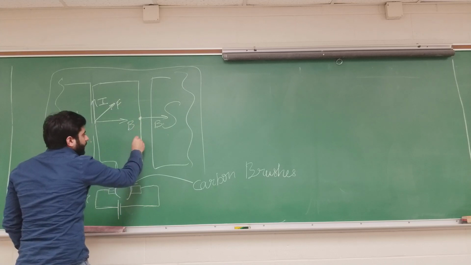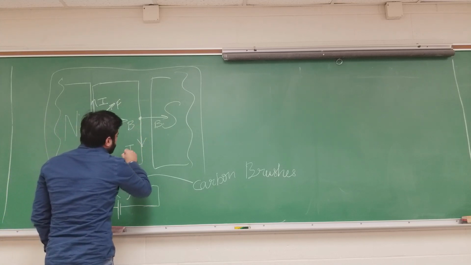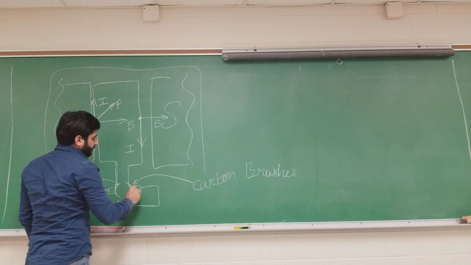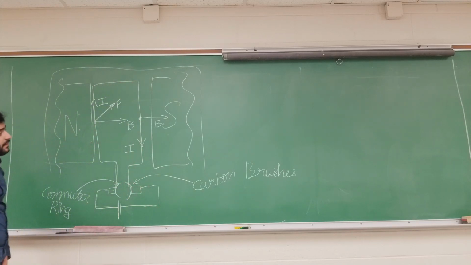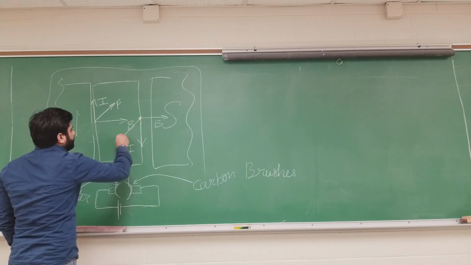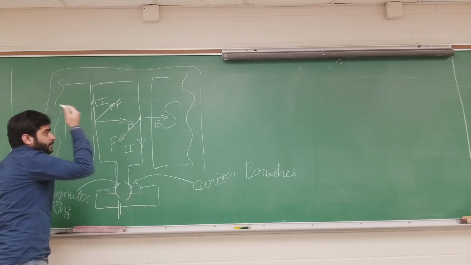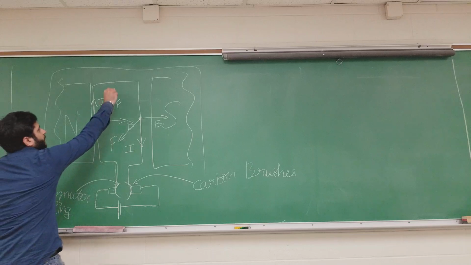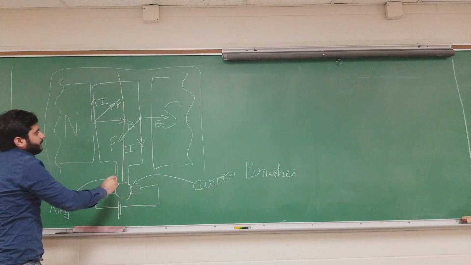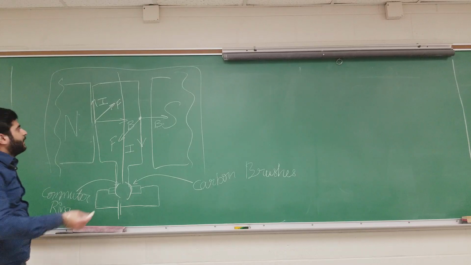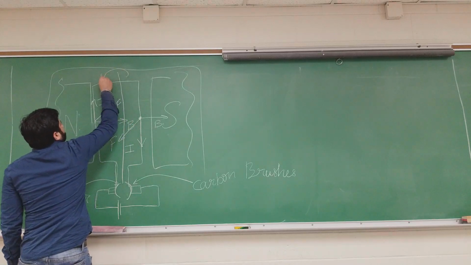However, I is in the downward direction because I is flowing like this in a closed circuit. Now in this case, F will be given by I cross B. It's coming out of the plane of the paper, and this is going inside the plane of the paper.